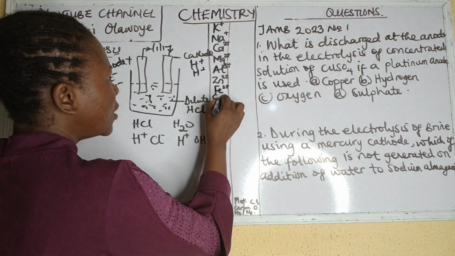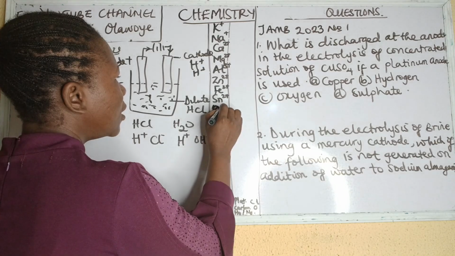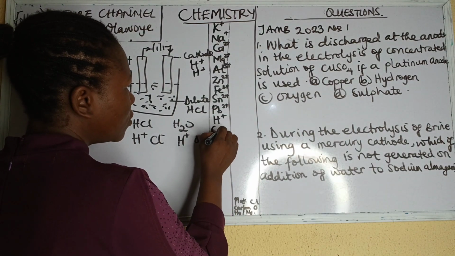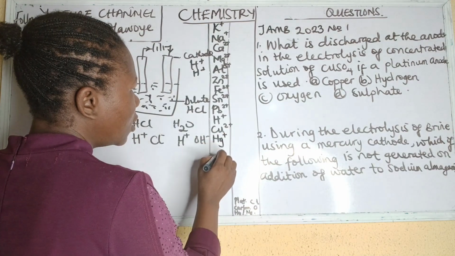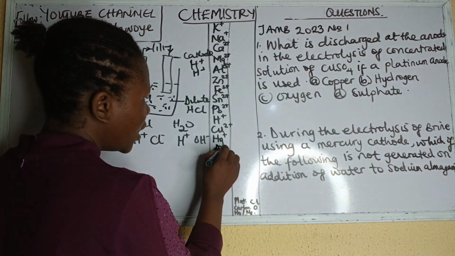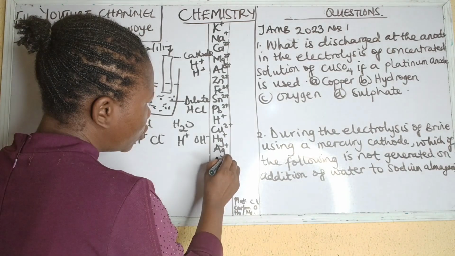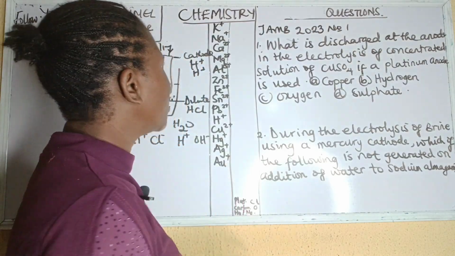D, that is tin. Low, that is lead. Humid, that is hydrogen. Country, copper. More, that is mercury. Satisfactory, that is silver, Ag. Good, that is gold.